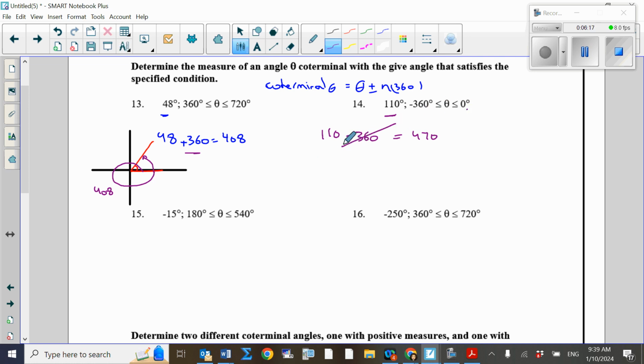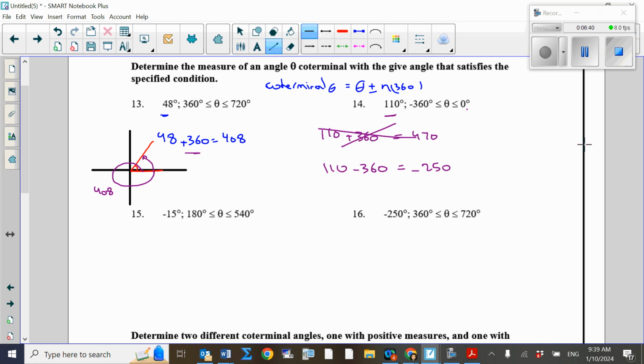So that means this is not going to work for us. So what if we subtract 360? Let's see, 110 minus 360. It's going to give us negative 250, which is acceptable this time because it's between 0 and negative 360 degrees. So this is our coterminal.